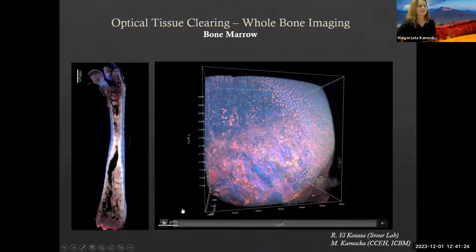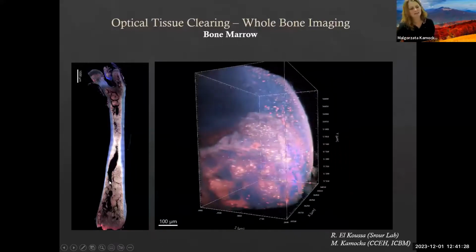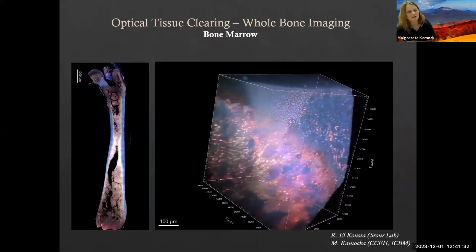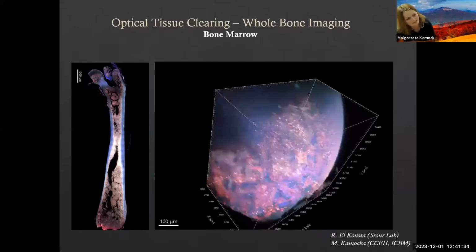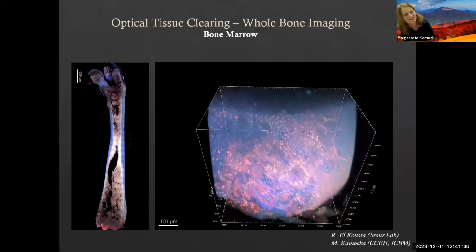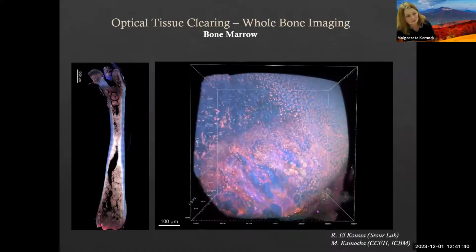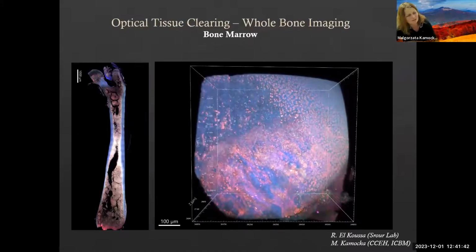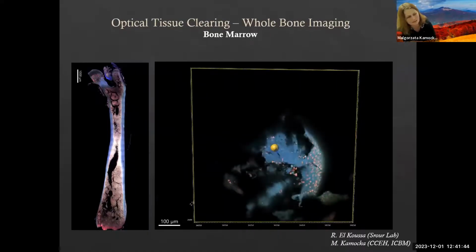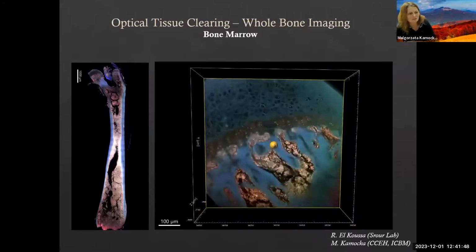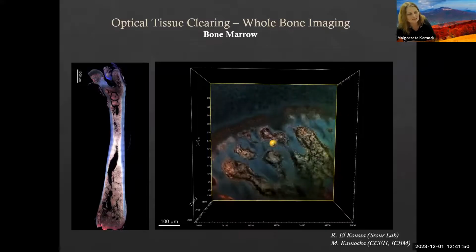This tissue was cleared with CUBIC, and I was working with Roy from Dr. Strauer's lab, who was really persistent in doing optical clearing, and he labeled the entire bone with TO-PRO-3 or maybe SYTOX for nuclei. And then he also did some labeling for megakaryocytes and osteomacs.